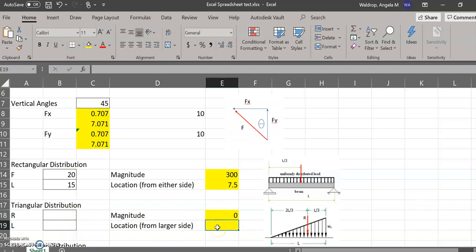Now the location, if you take a look at it, from the larger side, it's going to be L over 3. So I'm going to type in equals, click on the cell, divide by 3, and there we go. That way, if we put in our numbers, we can actually see how nicely it's going to turn out. So I'm going to type in just a 100, and I'm going to type in a 3, and we'll see that that comes out very nicely.